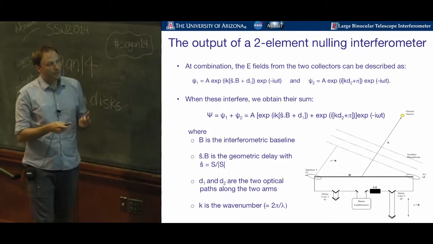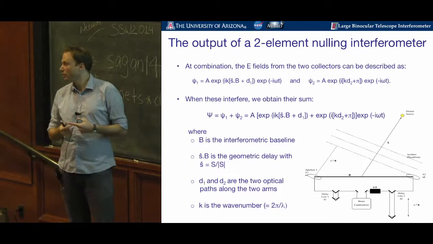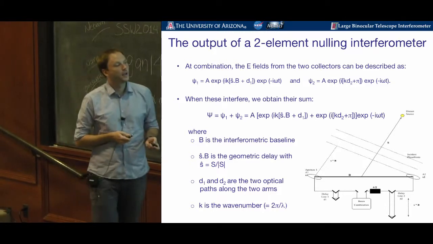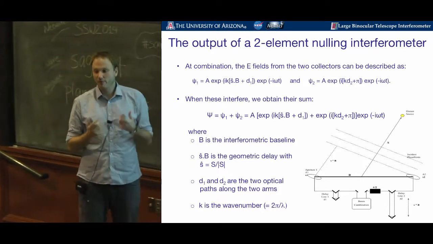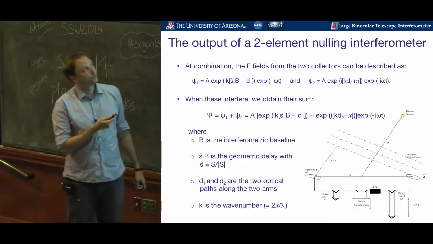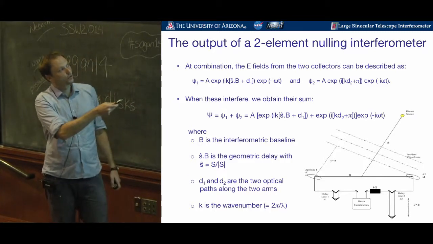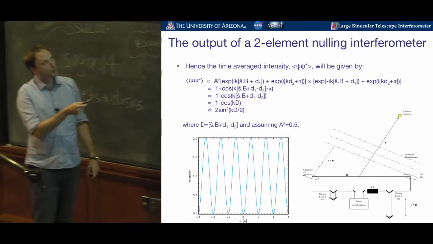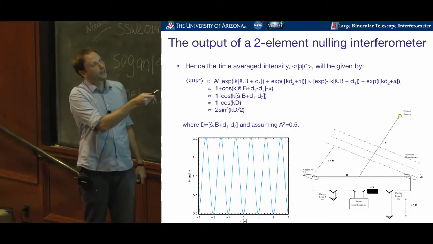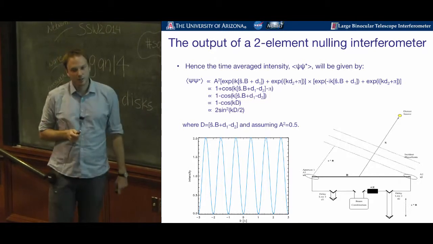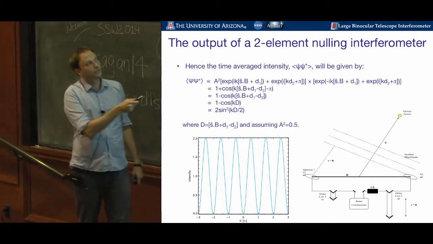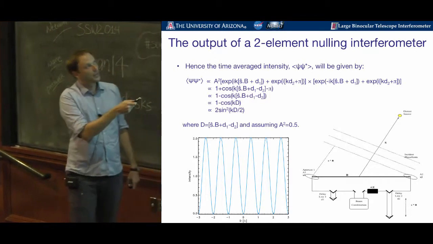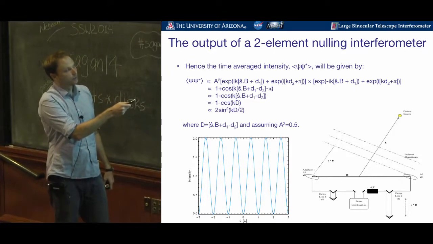So at the combination, you add the two waves together. And what you detect is a time-averaged intensity. So you take the sum of the two, do the average, and the complex product of the two. If you do some math, what you get is 1 minus cosine kd, where k is the wave number, 2 pi over lambda, and d is given by this expression.